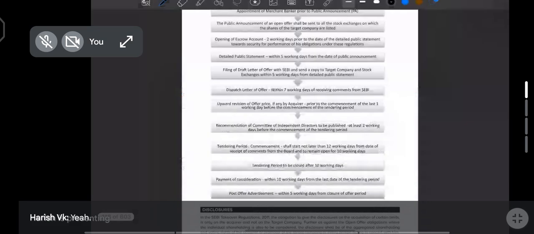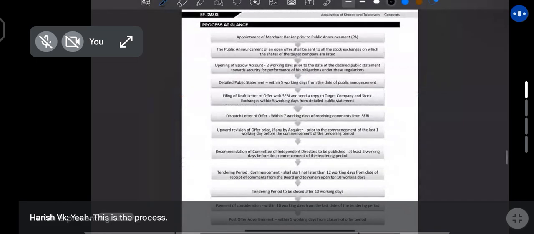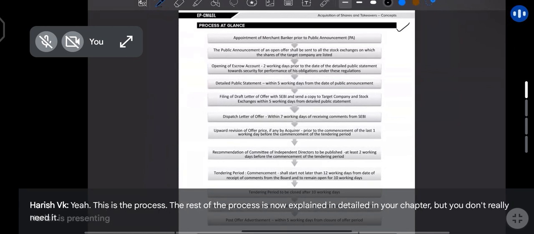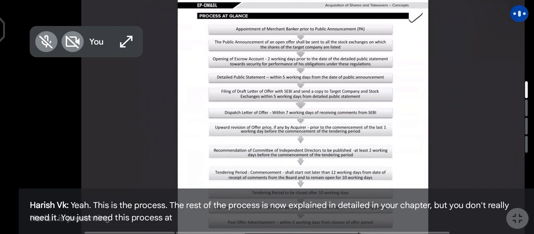Yeah, this is the process. The rest of the process is explained in detail in your chapter, but you don't really need it. You just need this process at a glance.